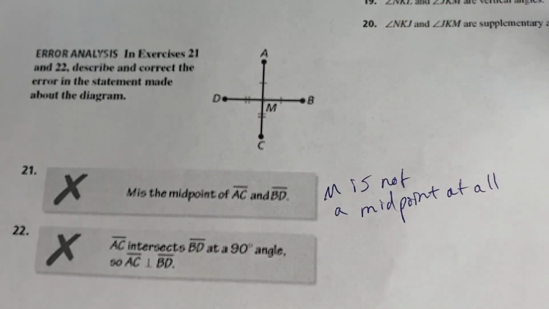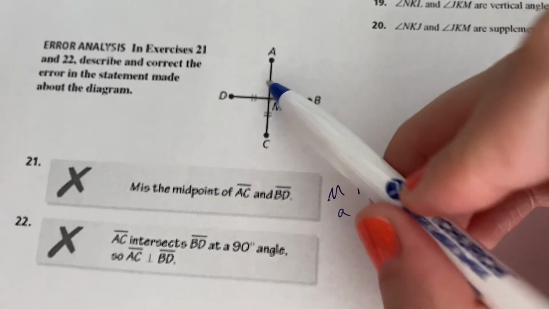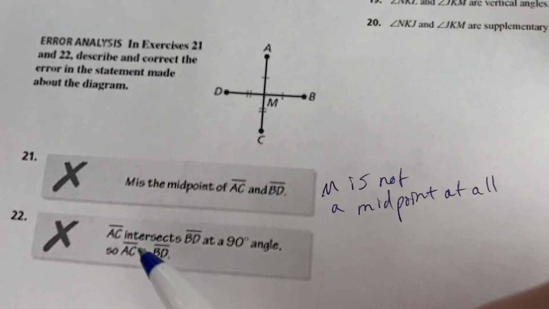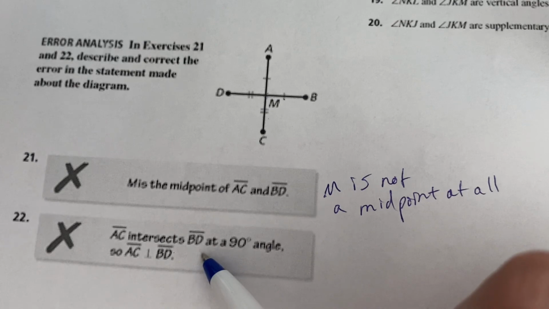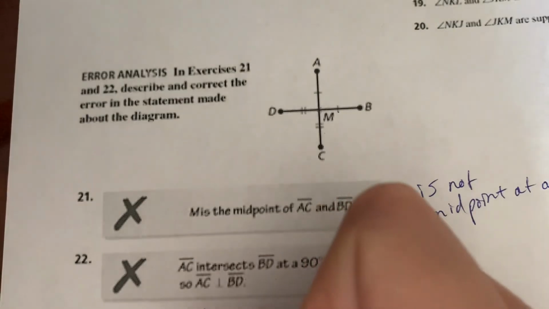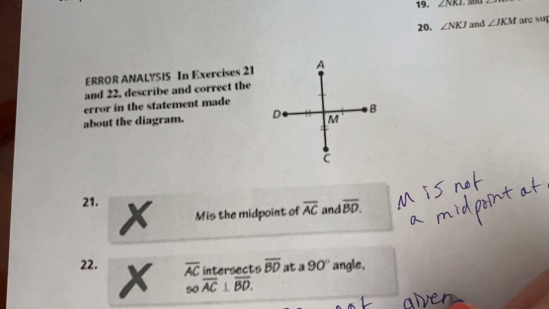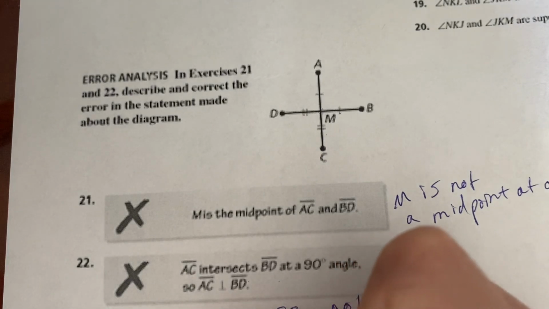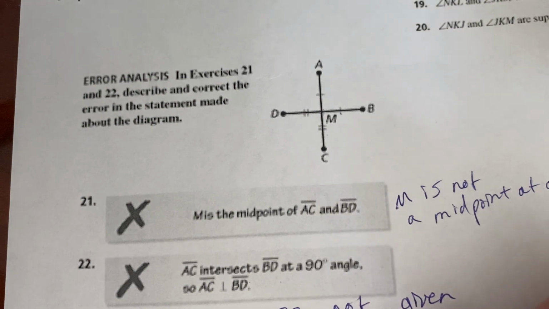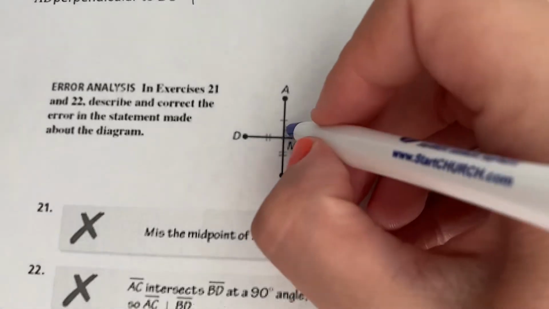Technically, we need one little notch here, one here, one here, or 2 notches and 2 notches for this to be the middle of any of those lines. AC intersects BD at a 90-degree angle. Okay, we are not given enough information, because we need a right angle here.